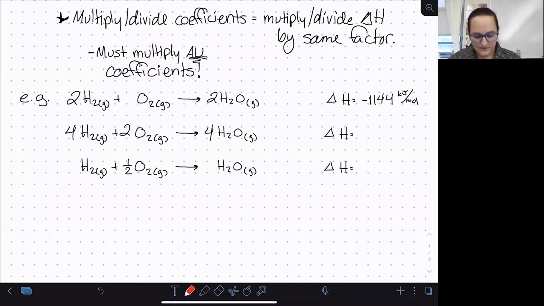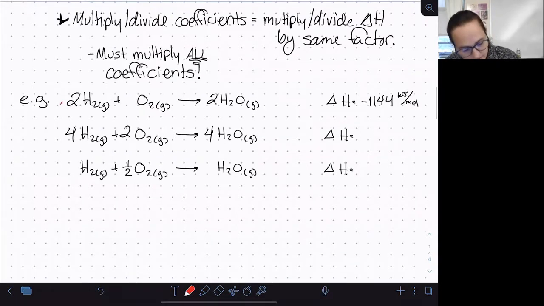So here we have some examples. We have that same reaction forming water with negative 1144 as the delta H for the reaction that we know. If we look at how these first two reactions compare, going from the one we know the delta H to the next one, we've doubled all of our coefficients. So 2 became 4, 1 became 2, 2 became 4.